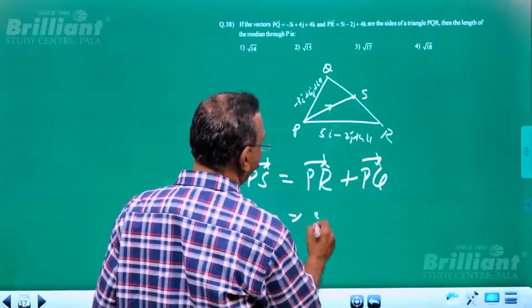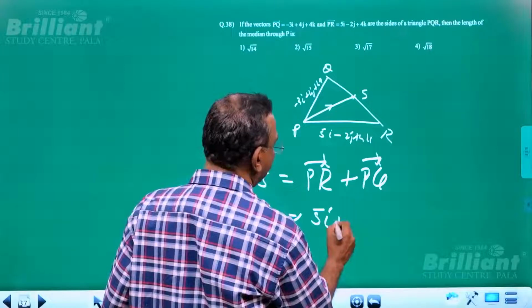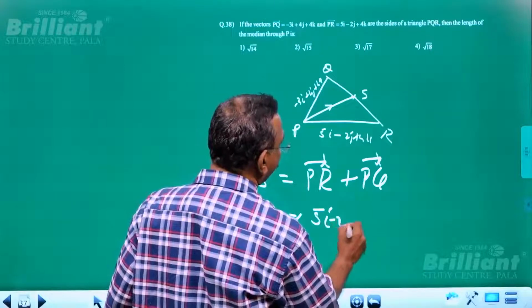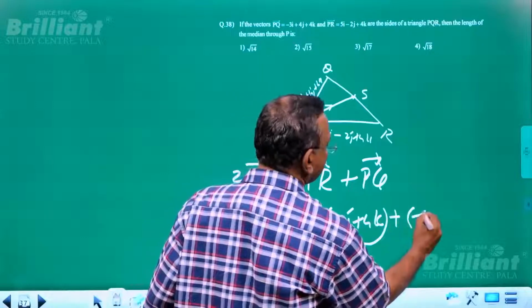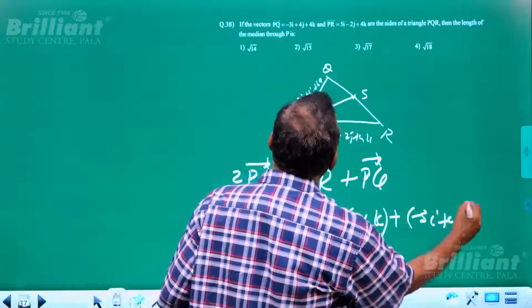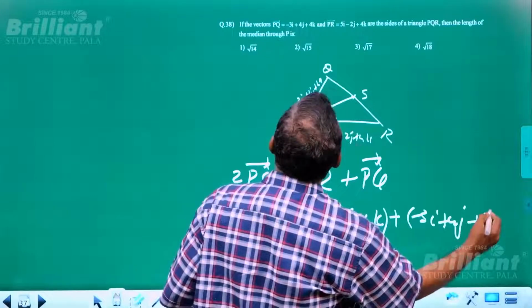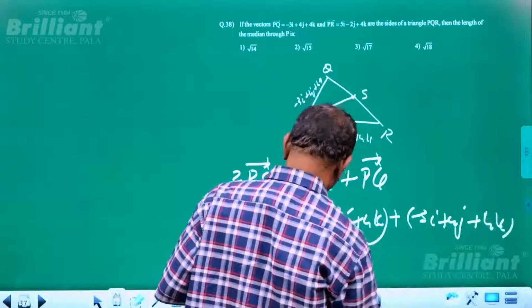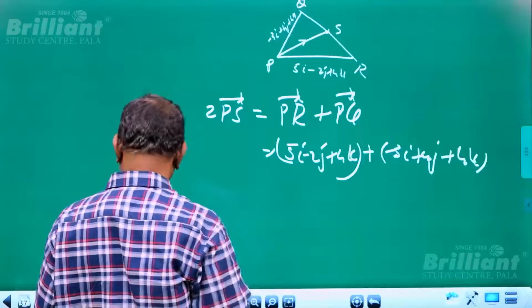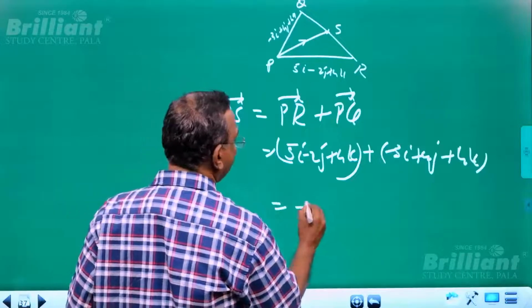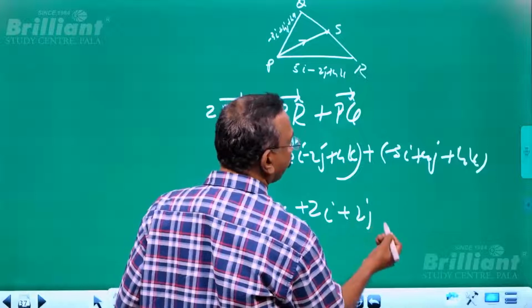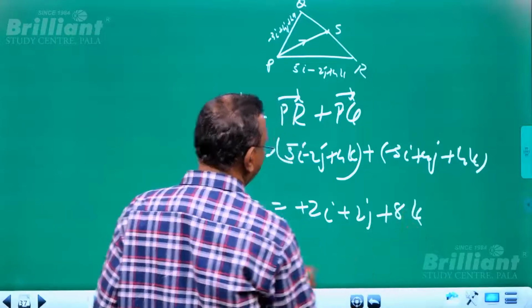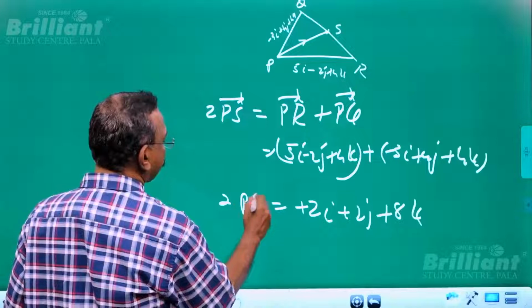So you can identify 5i - 2j + 4k plus -3i + 4j + 4k. Adding these, you get 2i + 2j + 8k, which is actually 2 vector PS.